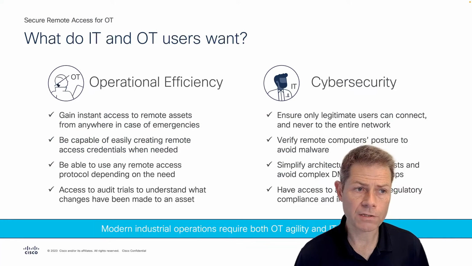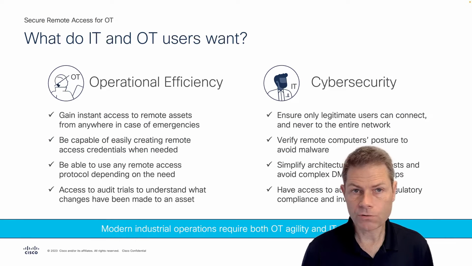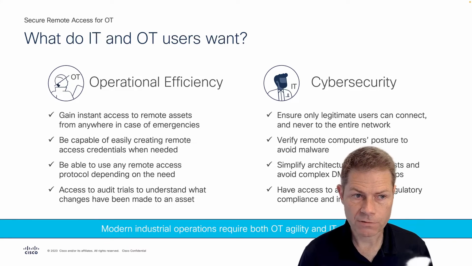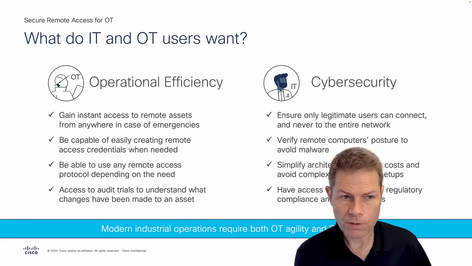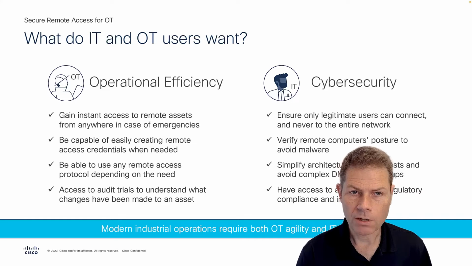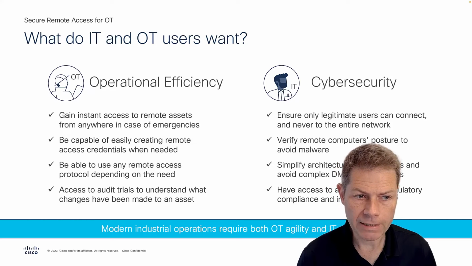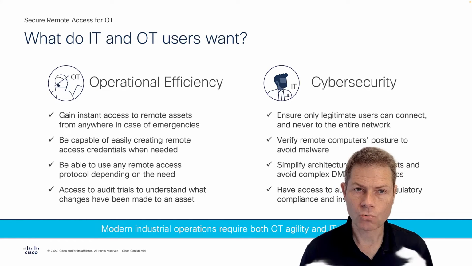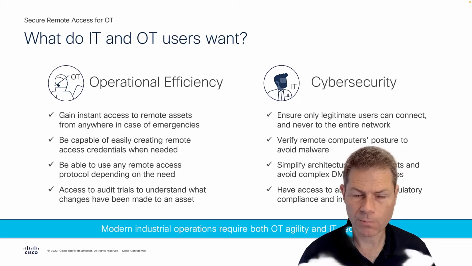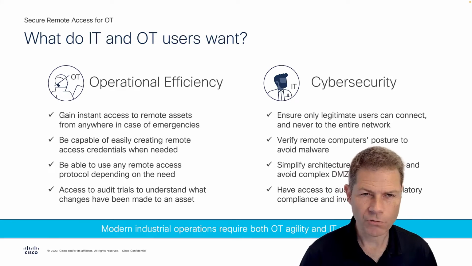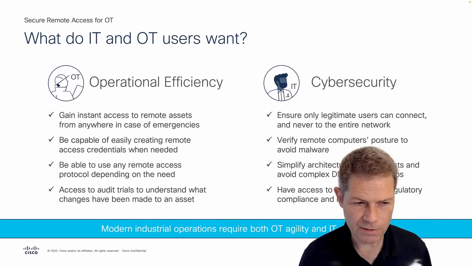When you carefully consider what IT and OT users want, they actually have very different objectives. Those that are from the operational world want efficiency. They want to make sure they can get instant access to remote devices without knowing too much about protocols and authorization and IP addresses and things like that.